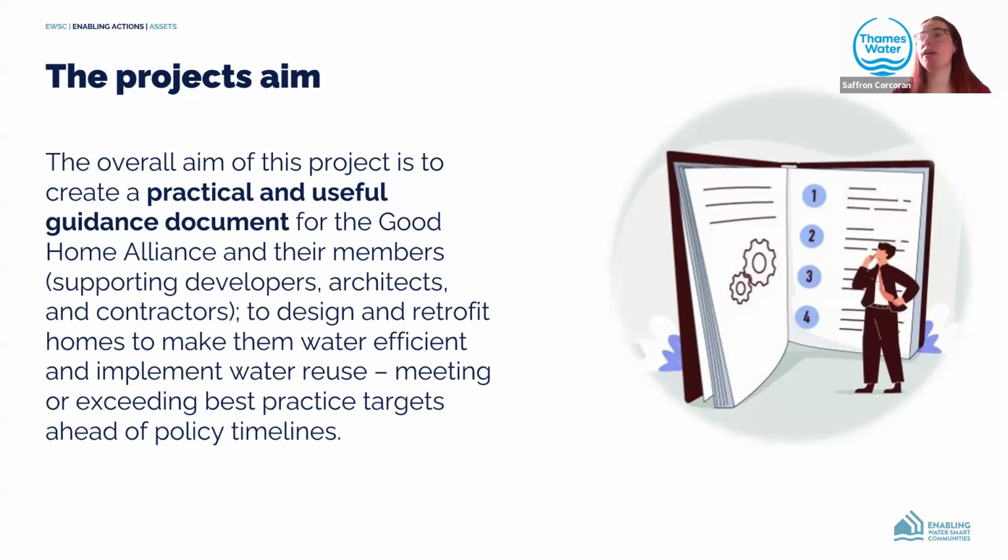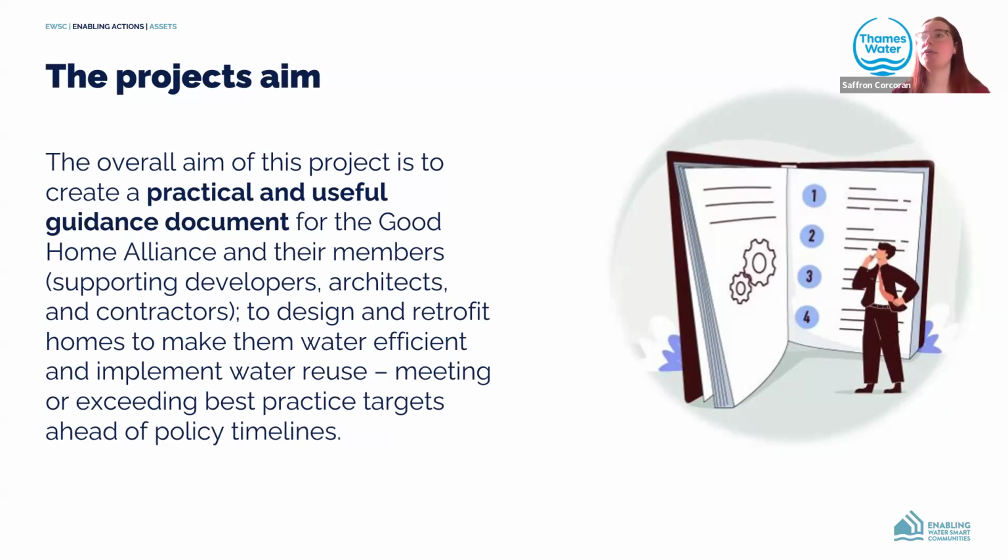So looking at how we can retrofit the homes with new devices that would limit leaky taps and so forth, that we know is one of the most prevalent problems within Thames Water ourselves. And I'm sure any other water company could speak to that as well.